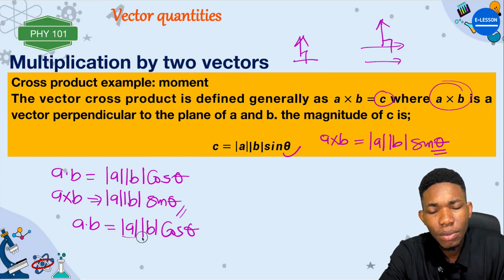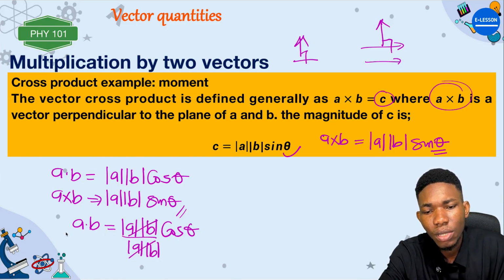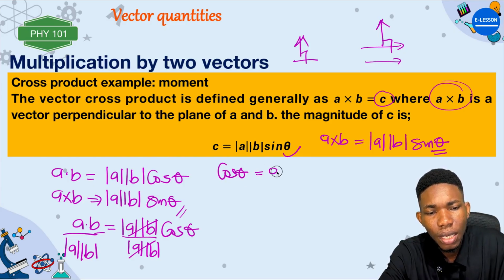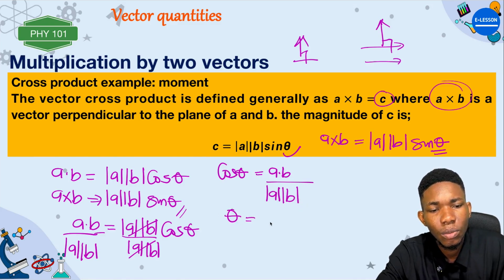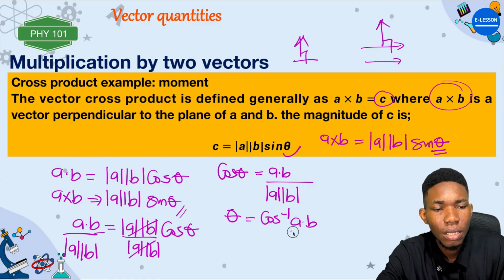You make theta the subject of the formula, so you divide both sides by magnitude of A, magnitude of B, which cancels here, and then here will be magnitude of A multiplied by magnitude of B. So cos theta, my dear student, will be A dot B divided by what? Magnitude of A multiplied by magnitude of B. So theta will be the cos inverse of A dot B divided by magnitude of A, magnitude of B.